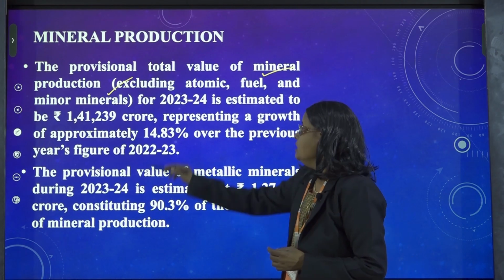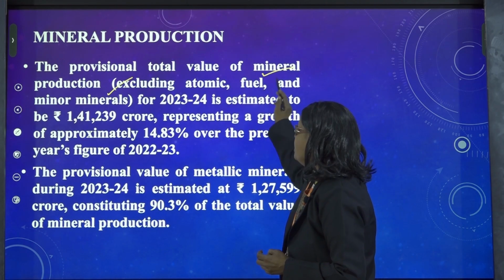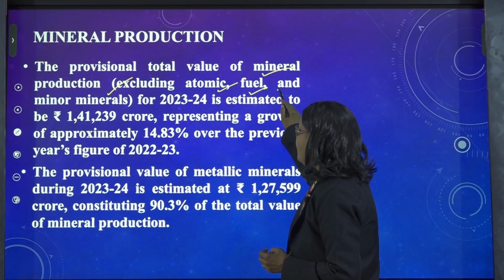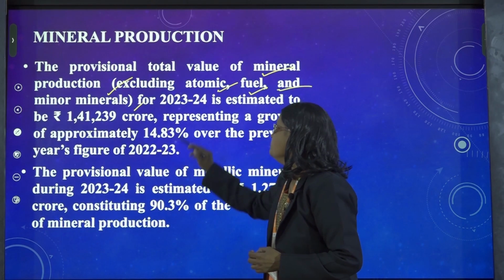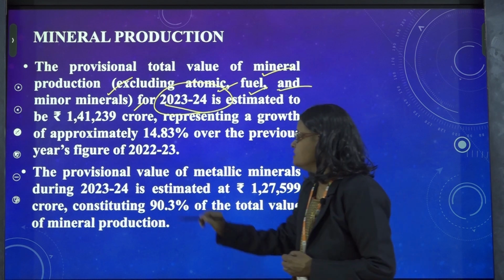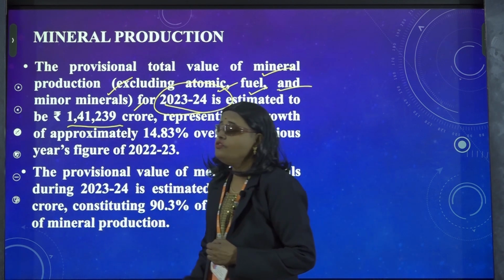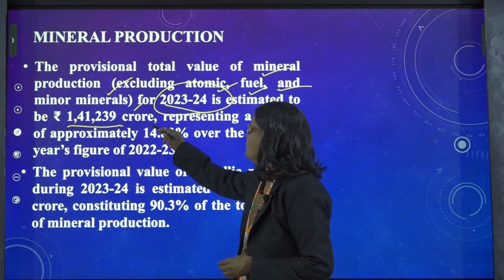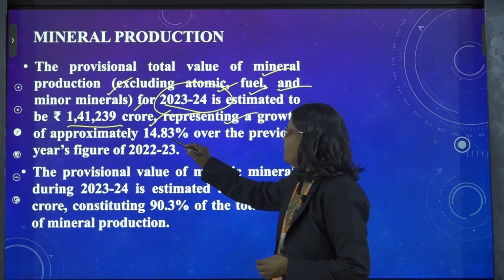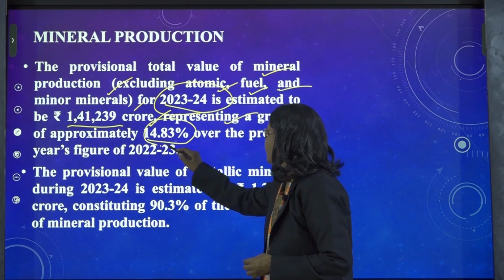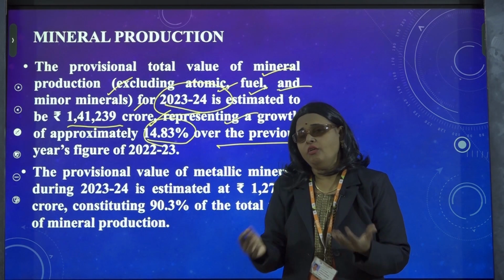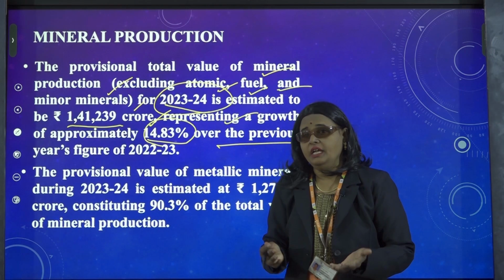I repeat, the provisional total value of mineral production excluding atomic, fuel and minor minerals for 2023 to 2024 is estimated to be 1,41,239 crores, representing a growth of approximately 14.83% over the previous year. That means they have seen that estimation.